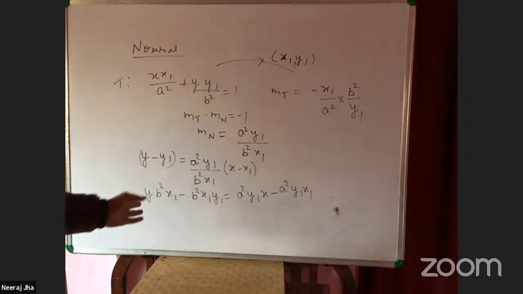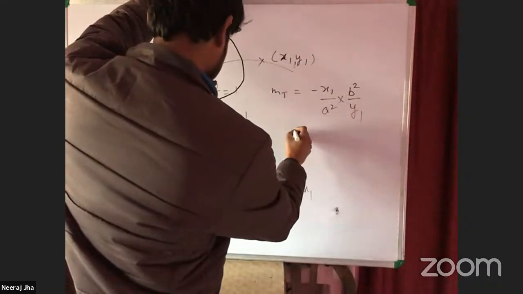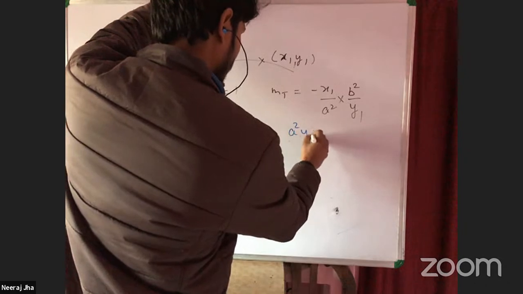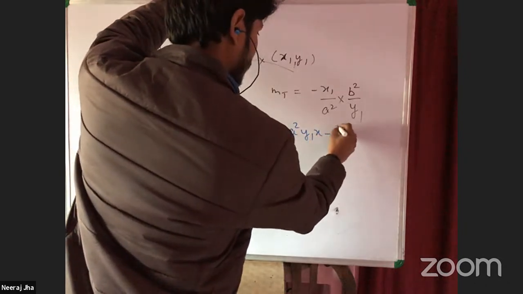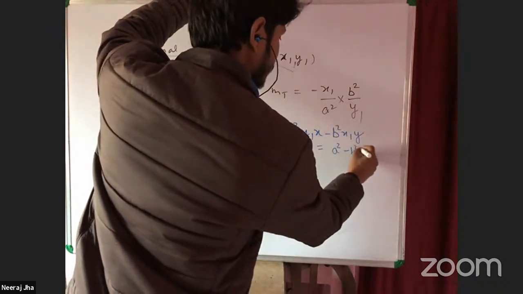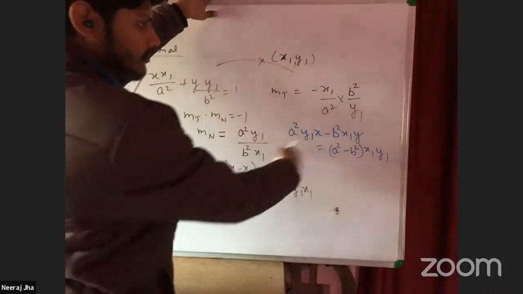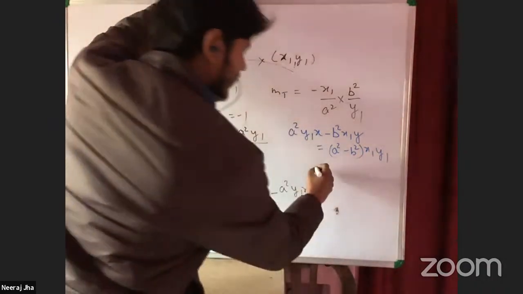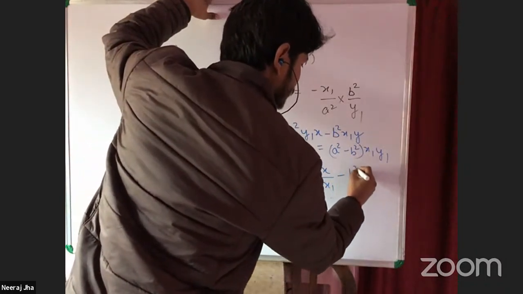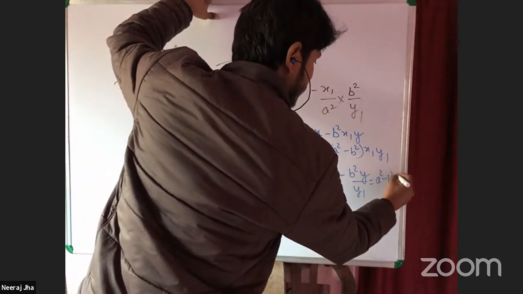When we rearrange them, I will be getting a square into y1 into x minus b square into x1 into y is equal to a square minus b square into x1 y1. And if I divide both sides by x1 y1, I will be getting a square into x upon x1 minus b square into y upon y1 is equal to a square minus b square.